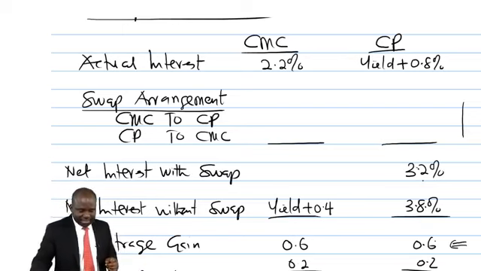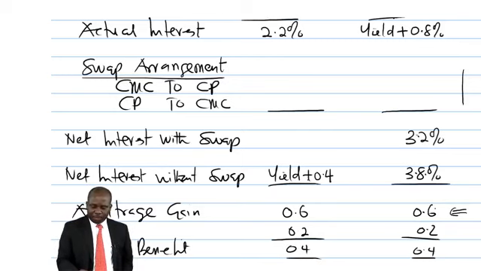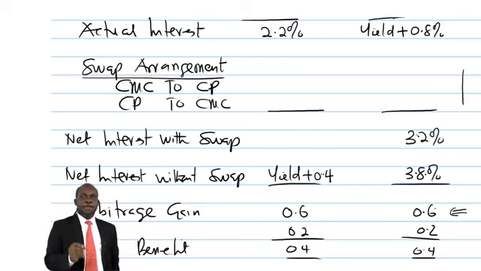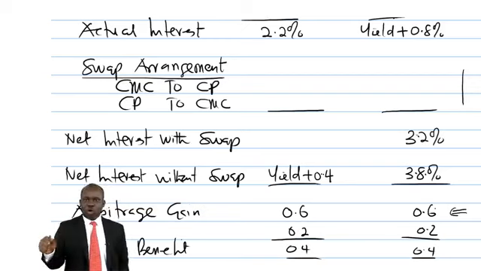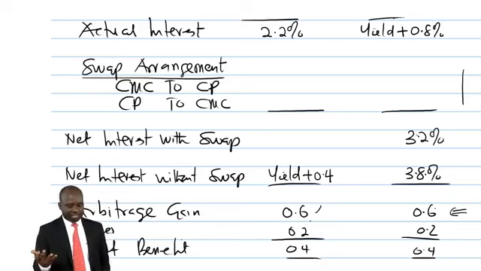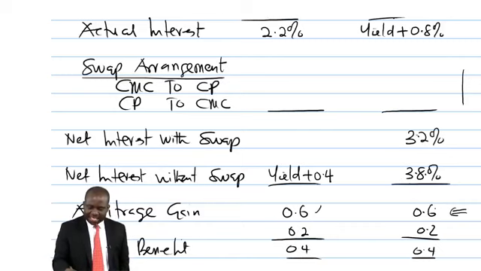What about CMC? Without the swap, I would have paid yield plus 0.4. But with the swap, what I paid is less than what I would have paid if I didn't swap by the 0.6, which is the benefit. So this, just as we did here, this minus that gave us this.